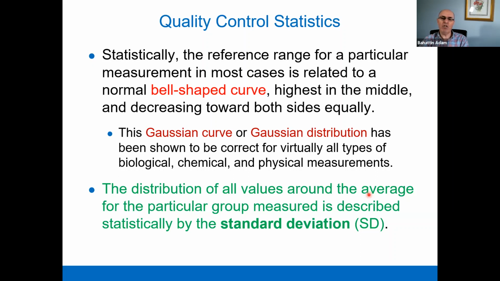The distribution of all values around the average for the particular group measurement is described statistically by standard deviation. You have an average value, and the data above or below the average value is deviated from the average value.